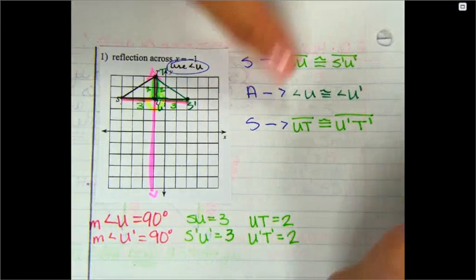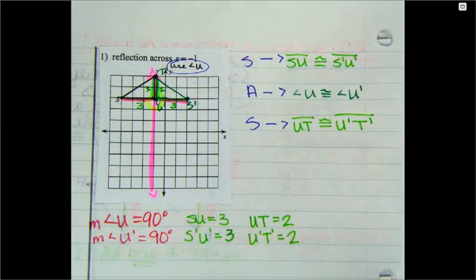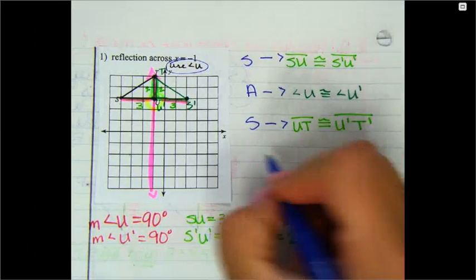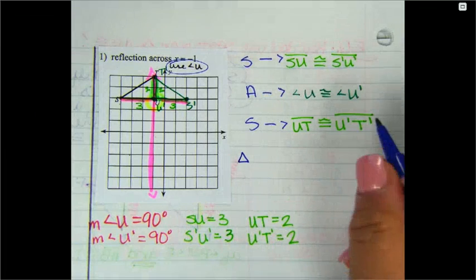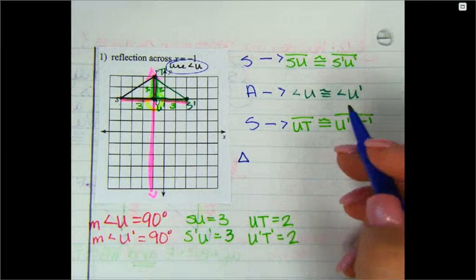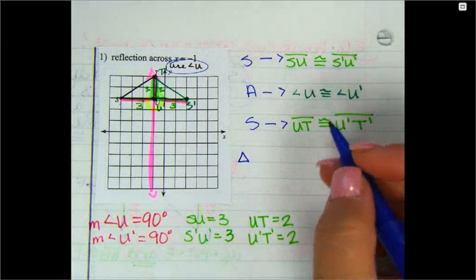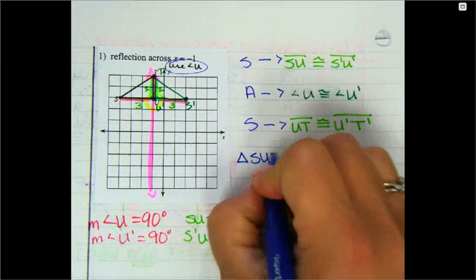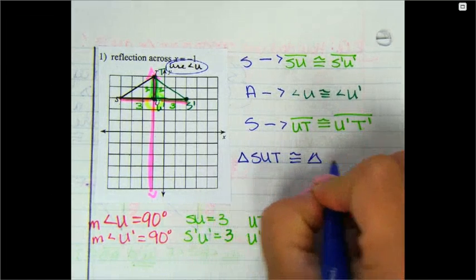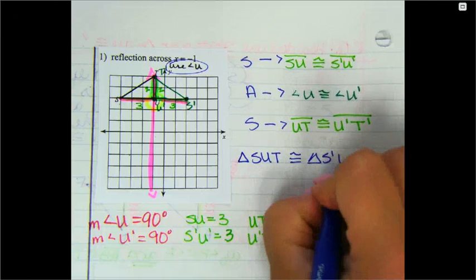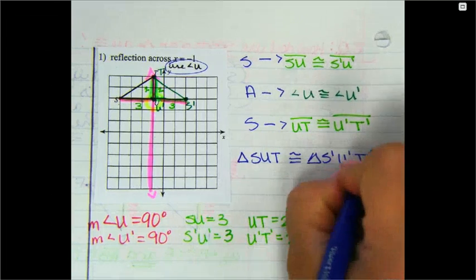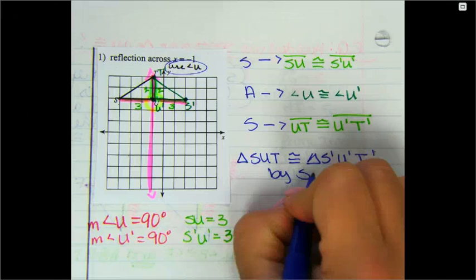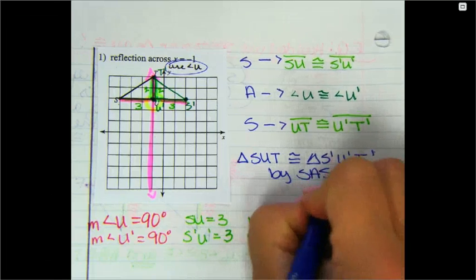We both have to say prime. So then I can say triangle SUT is congruent to triangle S prime, U prime, T prime by side, angle, side.